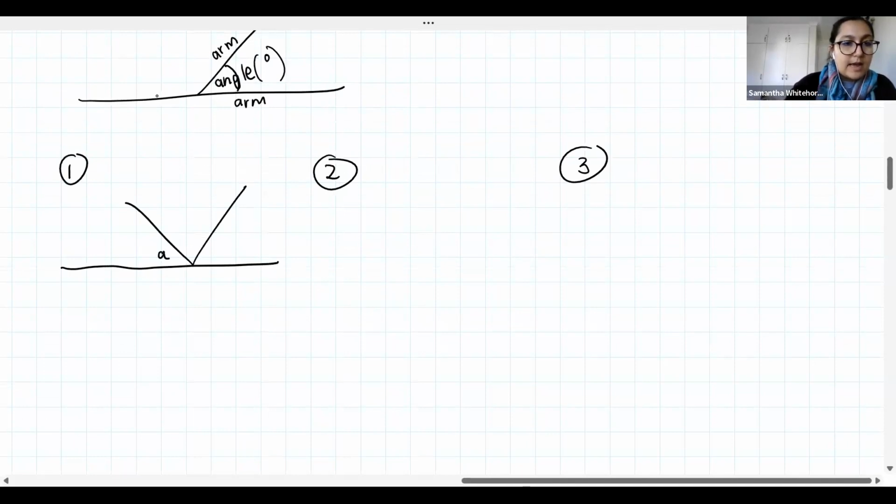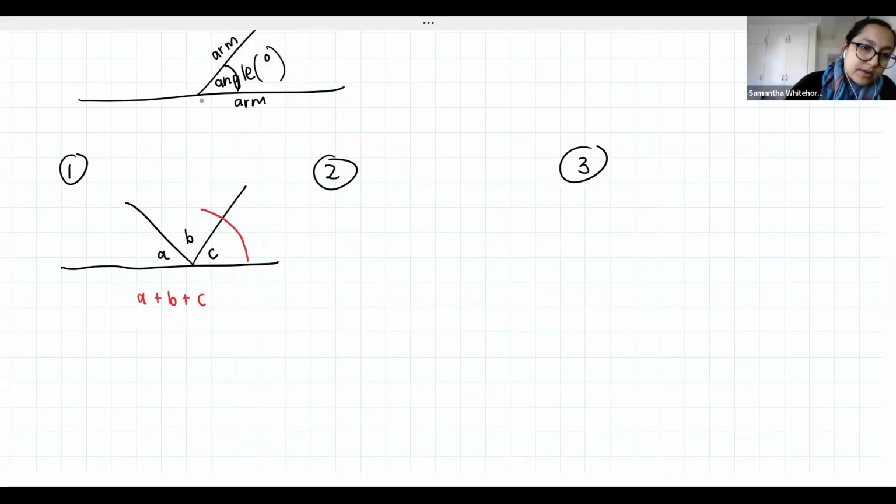Let's call them angle A, angle B, angle C. If you add all of those angles up, A plus B plus C, this creates a half circle. And we know that half of a circle is 180 degrees, so adding up all of those angles must give 180 degrees.